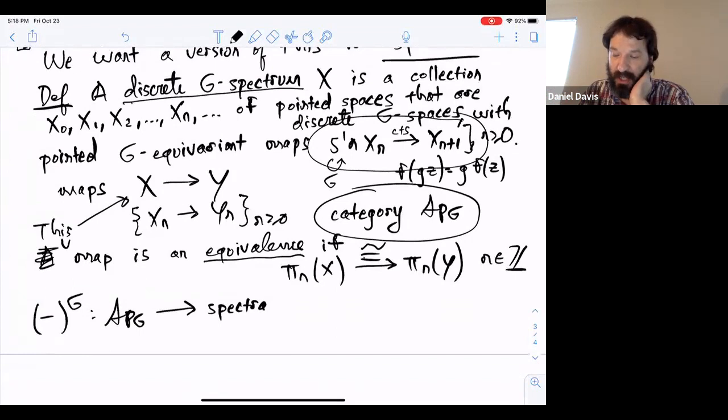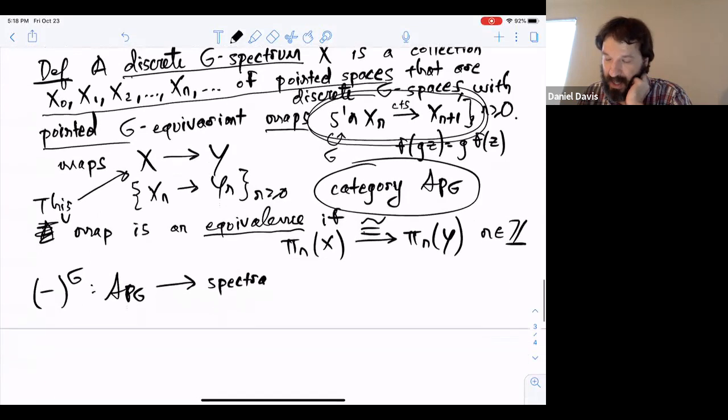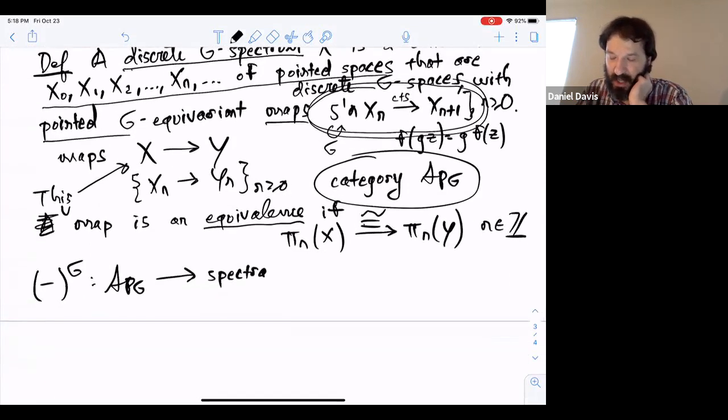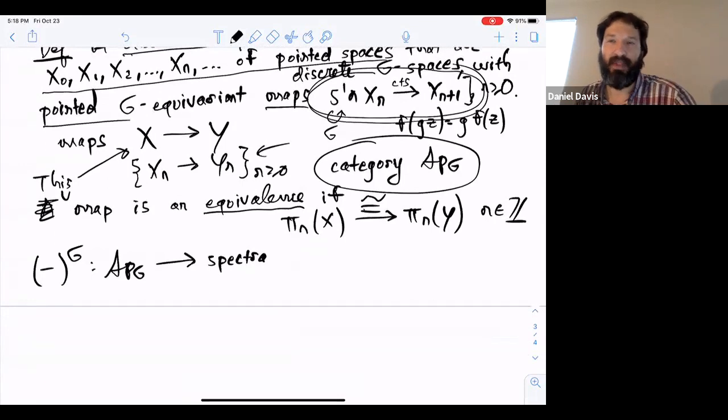So a spectrum is a collection of pointed spaces with pointed maps. We drop the G equivariance: for discrete G spectra these maps are G equivariant, but for spectra, you just drop that requirement. Okay, so that's a rough definition of the category of spectra.